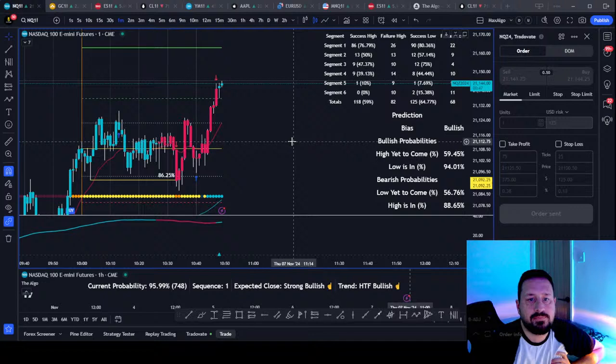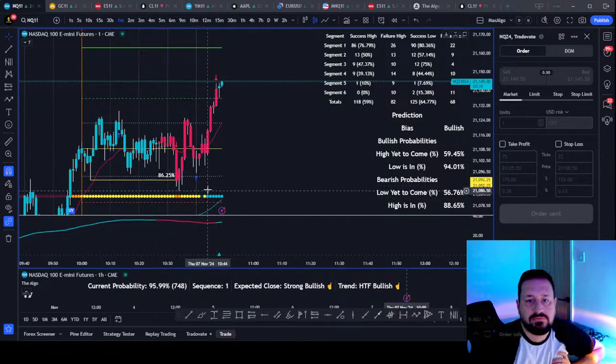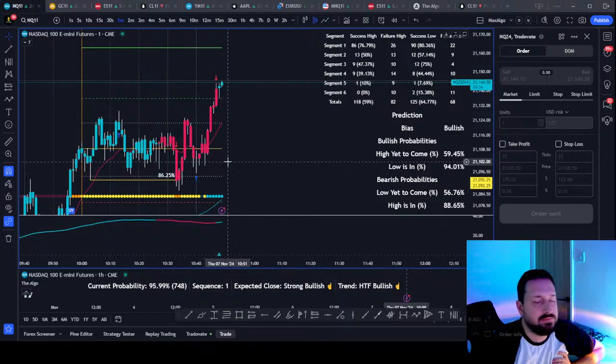Yeah. So everything's bullish. Transition is confirming in 10 minutes. Back bullish again.